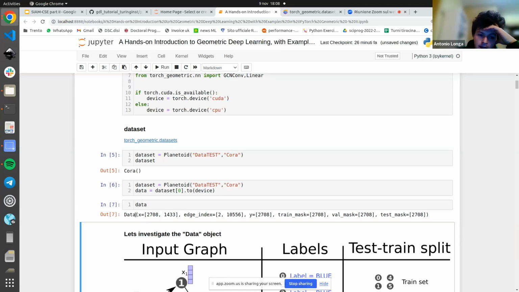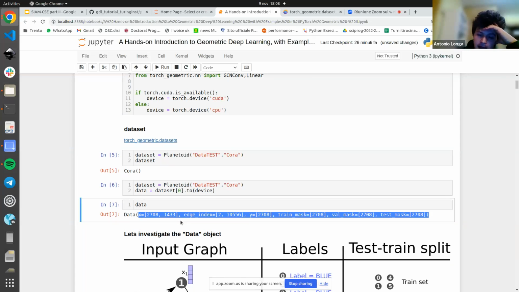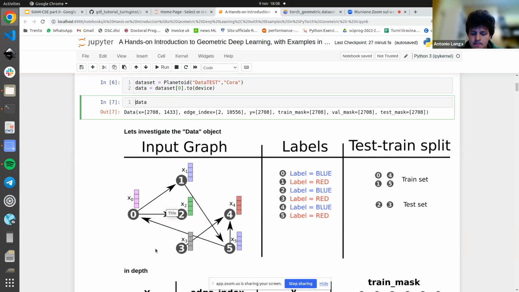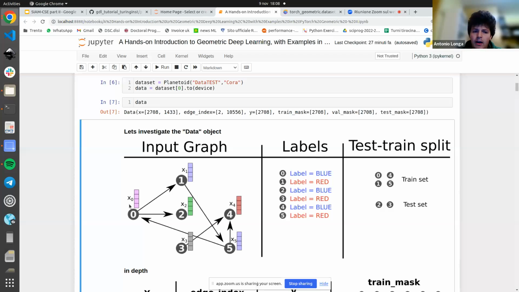First of all, I think it's quite complex to inspect those matrices like this, so I prepared this small picture. This graph is quite huge, but let's start with this simple example. We have our input graph. For each graph, we have node features.